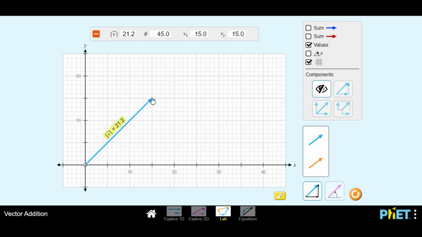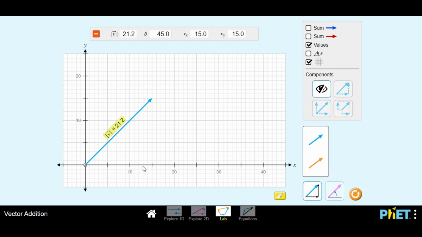So here we have a term, vector component. Now, how do we find the vector component of this vector? Basically it's easy. You only need to draw a dashed line from the end of this arrow to the x-axis, and you will meet the x-axis at this point. From this point you can draw an arrow from the origin.